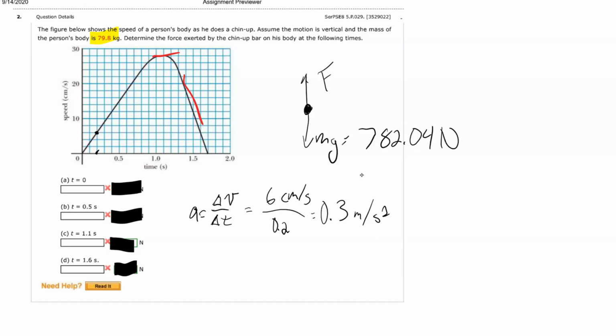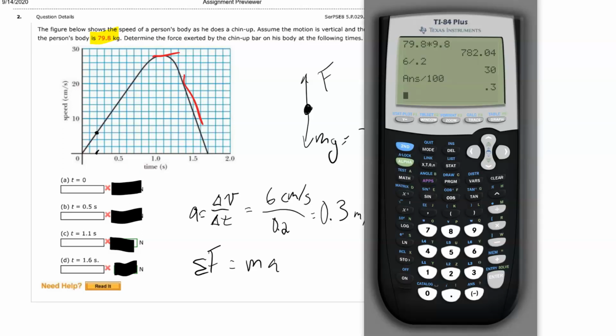So this is what we can do for this first section. We know that's going to be equal to the acceleration, and so ma is equal to the net force. You might get this value by multiplying the acceleration by the mass of the object. I'll do that real quick, and I get 23.94 newtons as my net force.